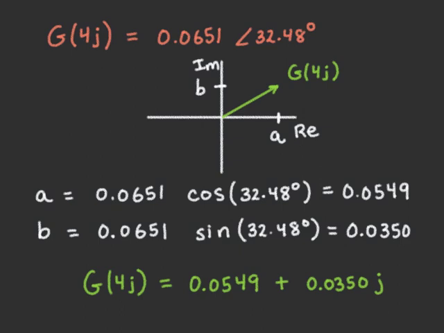The complex numbers that are the values of s will have units of frequency, that is, radians per second. The complex numbers that are produced when we plug in a value of s into g of s have units determined by the input and output signals. So for example, if the input had units of volts and the output had units of degrees Celsius, then the transfer function would have units of degrees Celsius per volt.